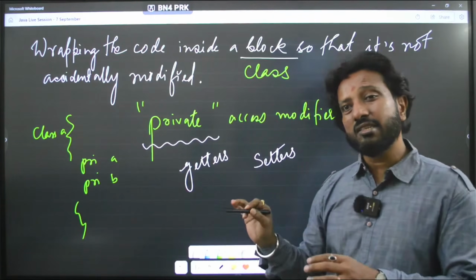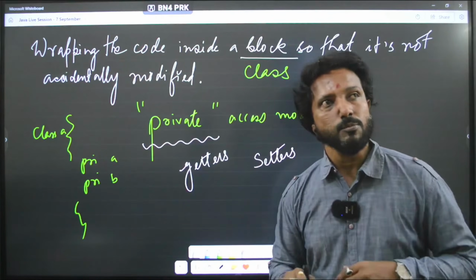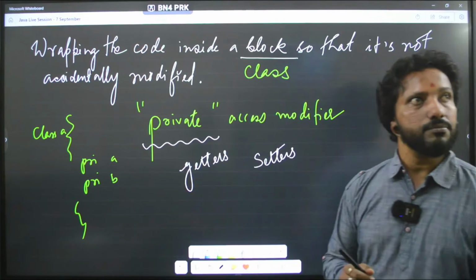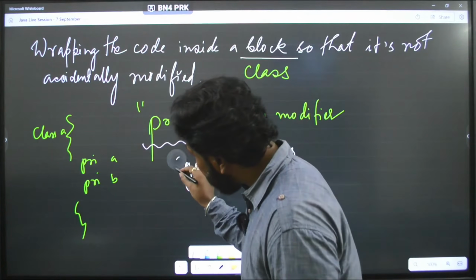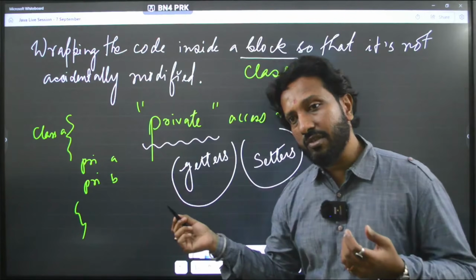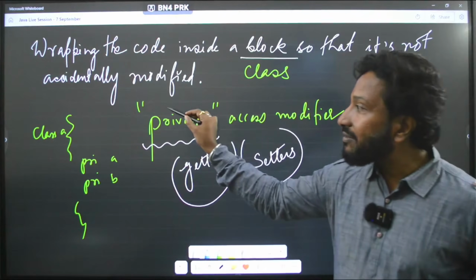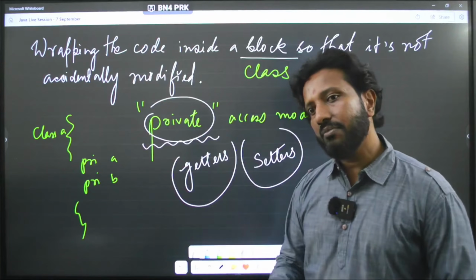Please remember this, I am telling you, this is very, very important for your placements. As I said, getters and setters are the two special functions which are used to access private data members outside the class. Please remember this.